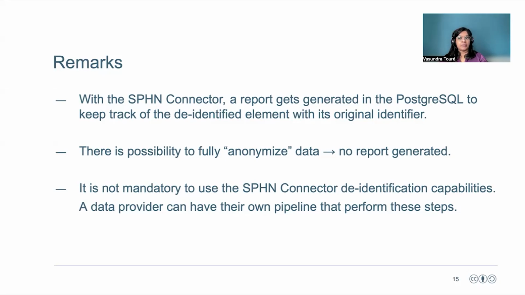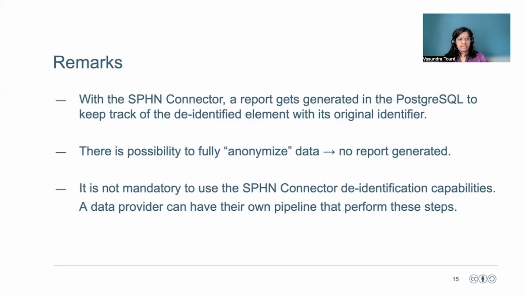So you need to assess whether you would need possibly this mapping for maybe iterative data transformation of the same patients, for instance, or if it's just a single shot of data conversion that you're doing and you don't want to keep track of the de-identified IDs with your original IDs.